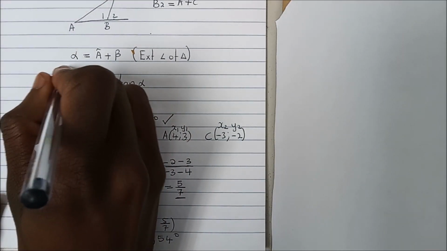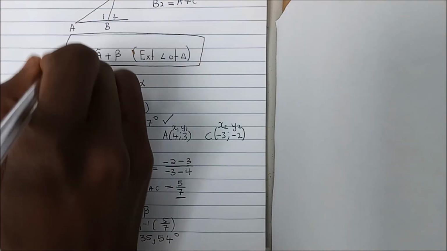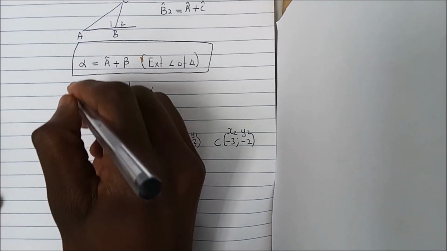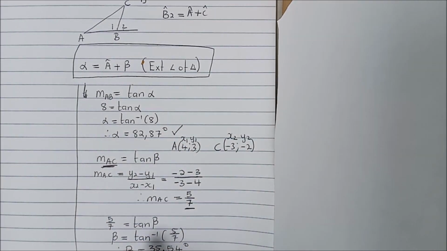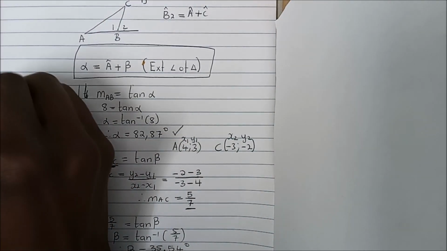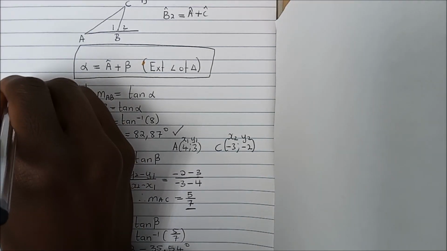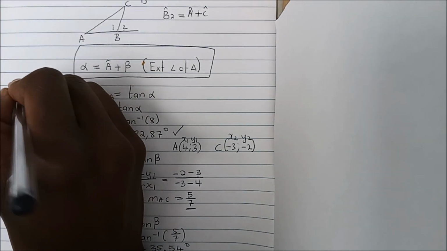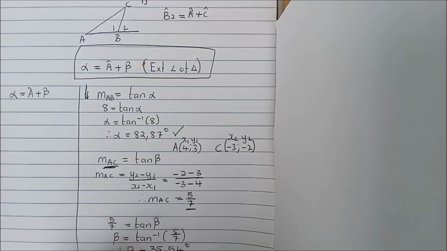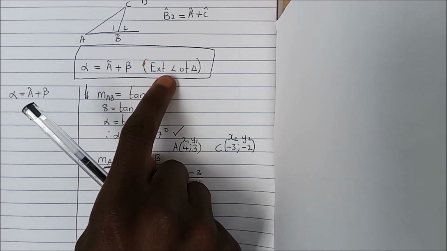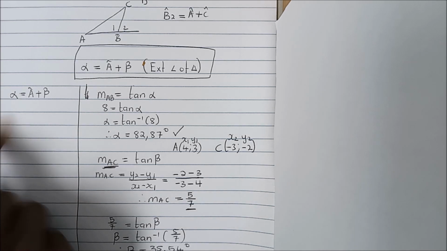What did we say here? We said, okay, let me finalize that here. We said alpha equals A plus beta. The reason is the exterior angle of a triangle, but we know what alpha is.